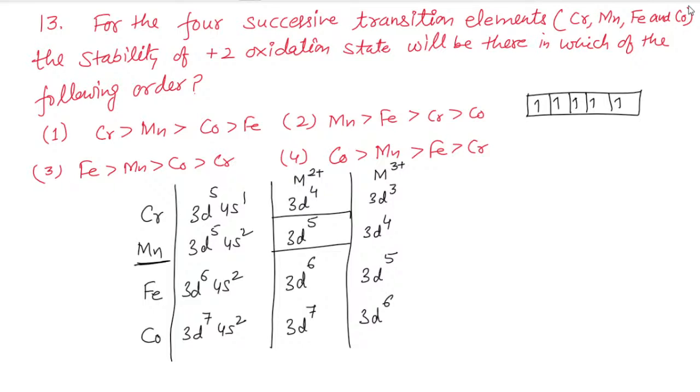Wait, beta. So now it seems like most stable is manganese, then chromium, iron, cobalt. But see, chromium in the 3+ state is 3d3, so it becomes more stable.